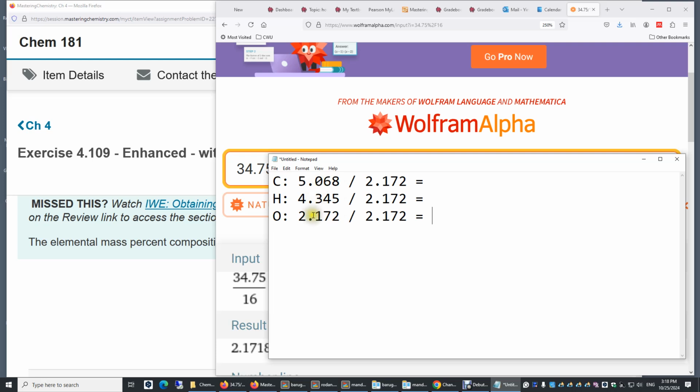Find the smallest number, which is 2.172 here, and then divide all three numbers by 2.172, the smallest number. So that you get a 1. This I believe is roughly 2. You can tell 4.34 is 2 times 2.17.